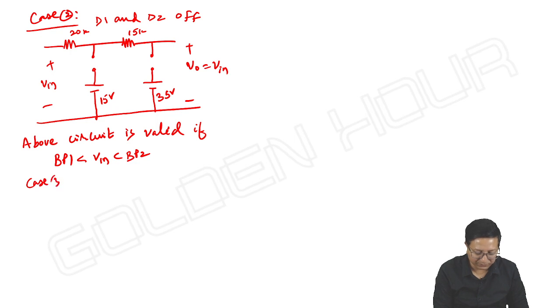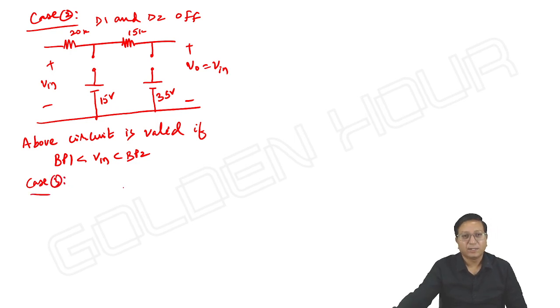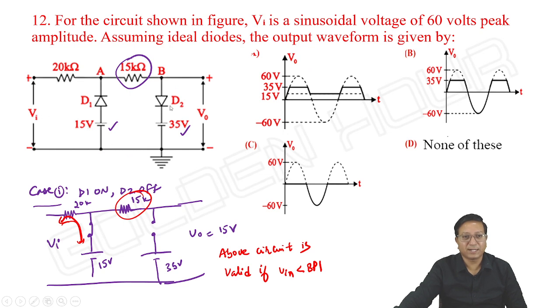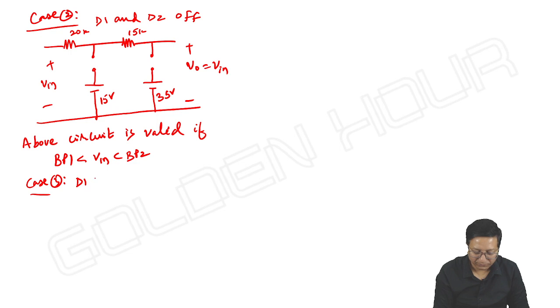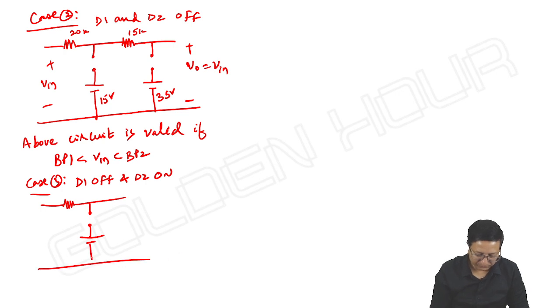Next, case 3. D1 off and D2 on. If the input is greater than 35 volts, then D1 is off, D2 is on. This is on.